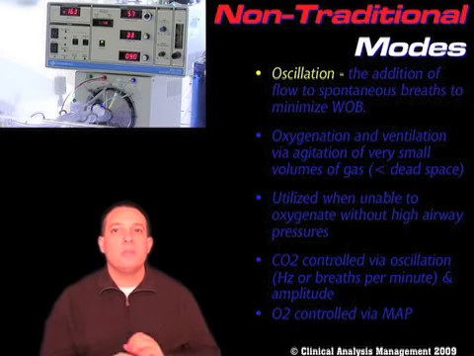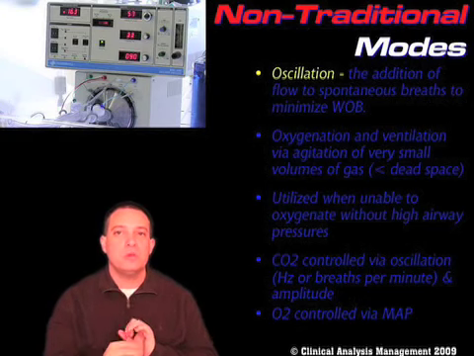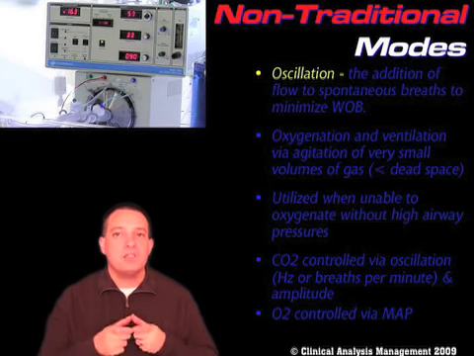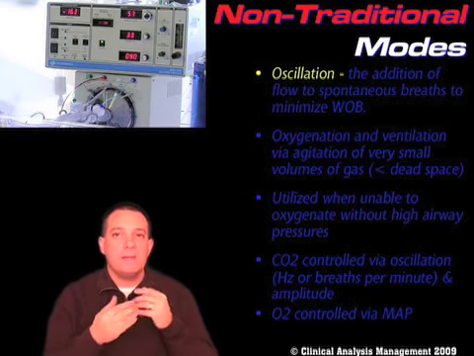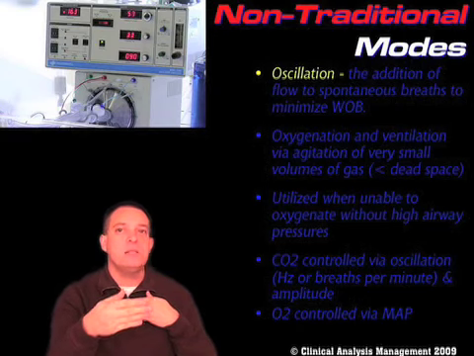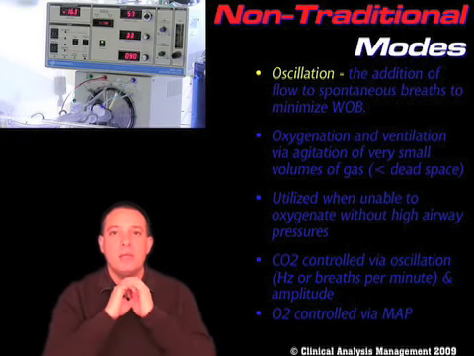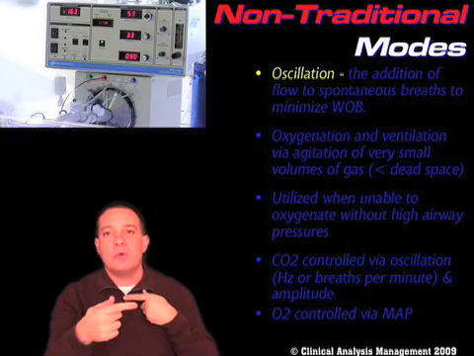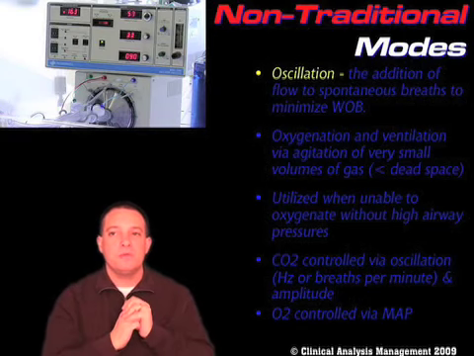Now, the way that we control the patient's CO2 is with those two things. We control their CO2 with the number of hertz and with the amplitude. So in other words, how much of that little tiny air are we moving? Are we moving, say, 70 cc's or 90 cc's? And how many times a minute are we doing it? The faster we do it, the bigger the breath, the more CO2 we remove.